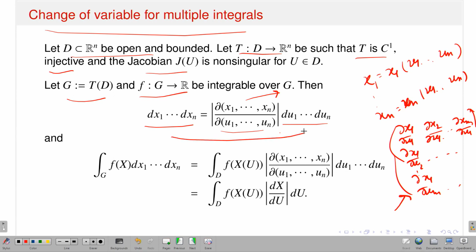This is how the change of variables happens, and therefore the corresponding multiple integral is as follows.